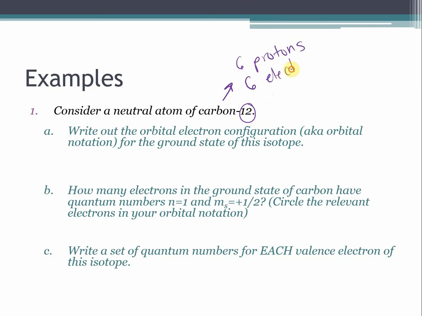So we need to draw 6 arrows. Remember, our orbital electron configuration means draw all the lines, draw all the arrows. So we'll draw our orbitals. Number 1 is 1s. Number 2 is 2s. And then our third subshell is 2p. So 1, 2, 3 of our 2p orbitals.